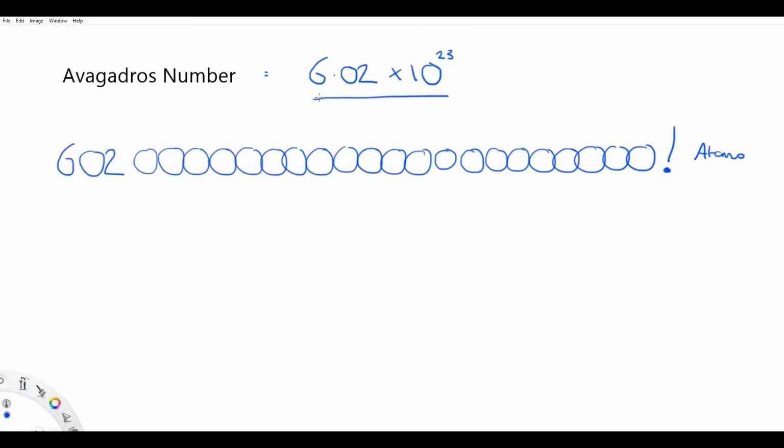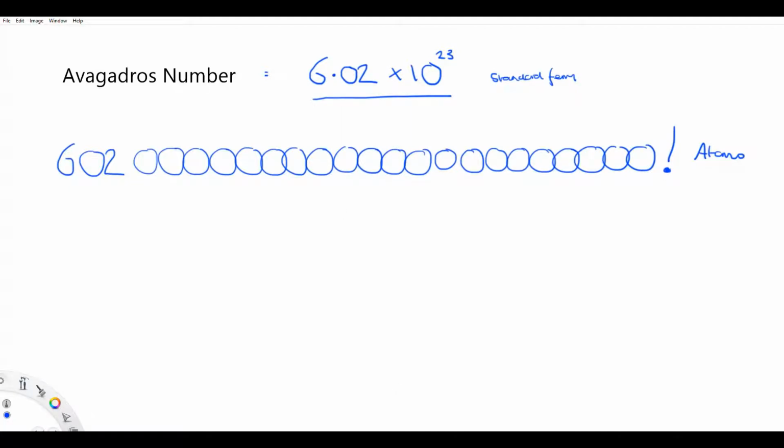It's a special number and it's huge. 1 mole of anything will contain 6.02 times 10 to the 23 particles. And this number is obviously written in standard form. And I've written the number out for you longhand. That is just how many particles there are, or number of atoms or molecules there are in 1 mole of any substance.